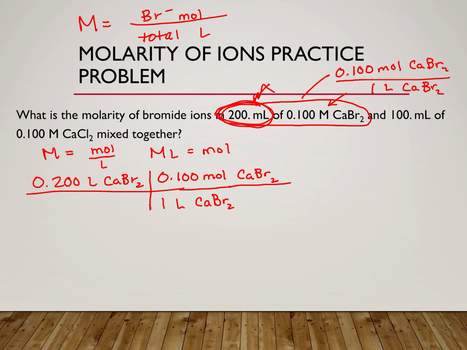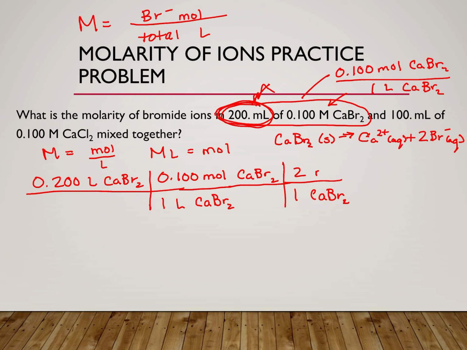And then, like we did before, we know that calcium bromide is going to break into 1 calcium ion and 2 bromide ions. So for every 1 calcium bromide, we are getting 2 bromide ions.